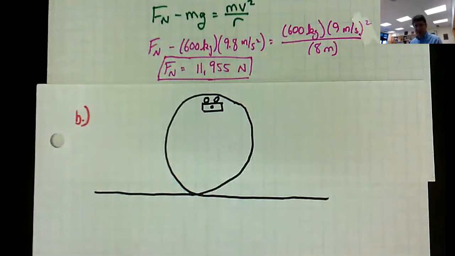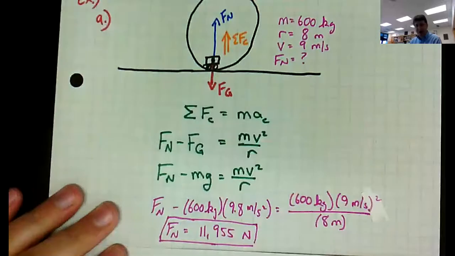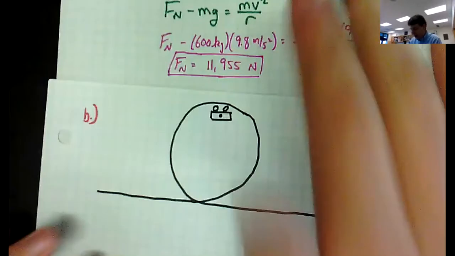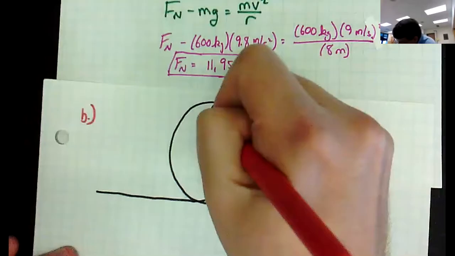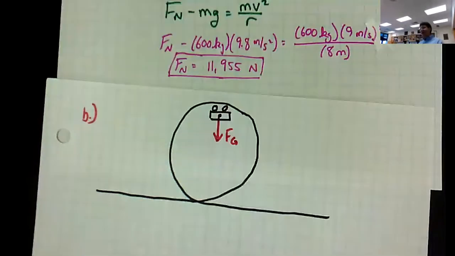I'm still the same car, so I have the same weight. So if I had force of gravity up here, my force of gravity is going to have to be the same down here. So I've got to draw a force of gravity pointing down again. But now this time we've got to think about which direction the normal force points.